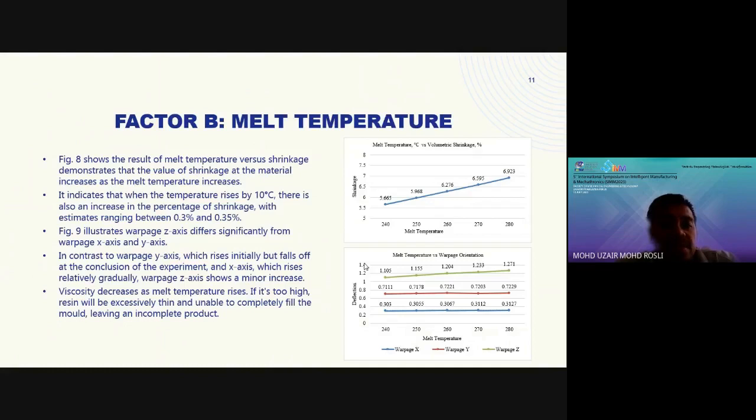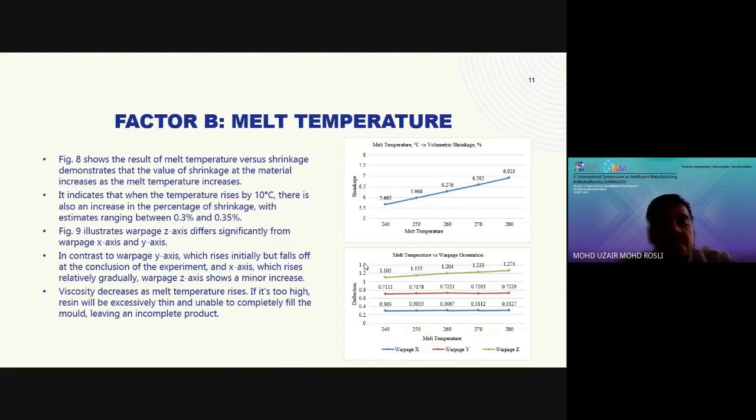It indicates that when the temperature rises by 10 degrees Celsius, there is also an increase in the percentage of shrinkage, with estimates ranging between 0.3% and 0.35%.